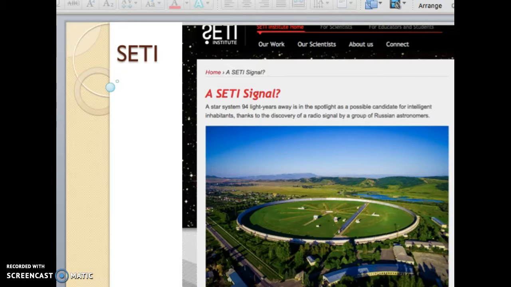Later this year they said that it was probably just a spy satellite, and since they weren't able to duplicate it when they looked back in the same region of the universe, they could not repeat it. So it's exciting. Maybe in our lifetime we'll actually use radio telescopes in a big way to figure out more about life.